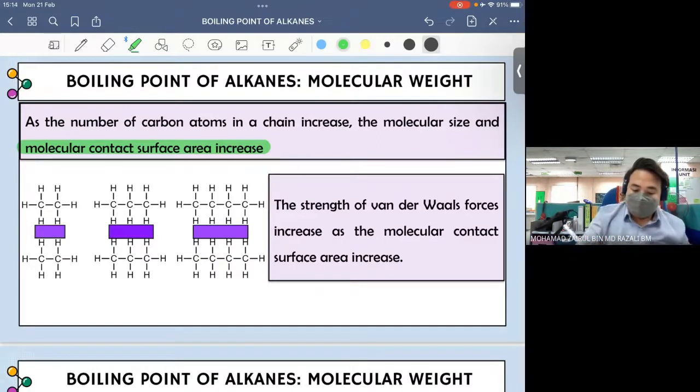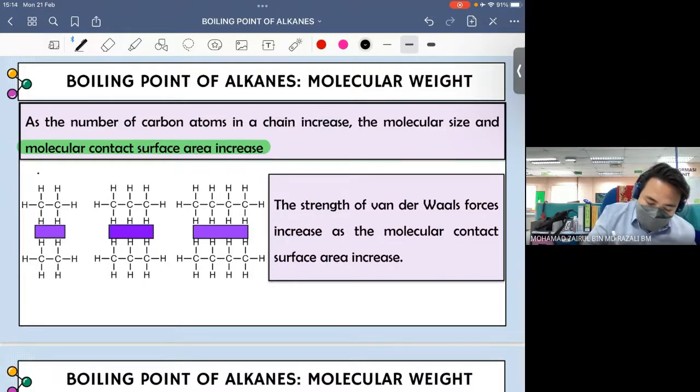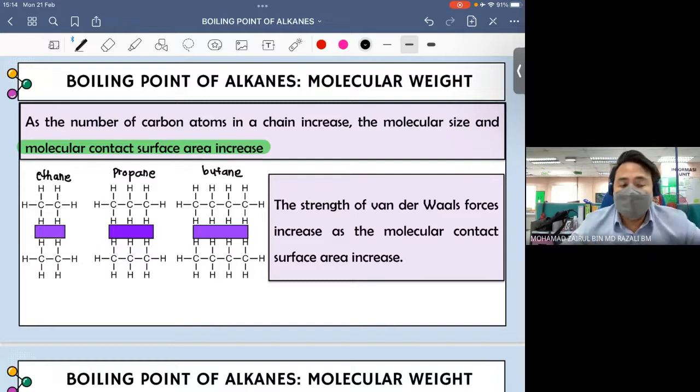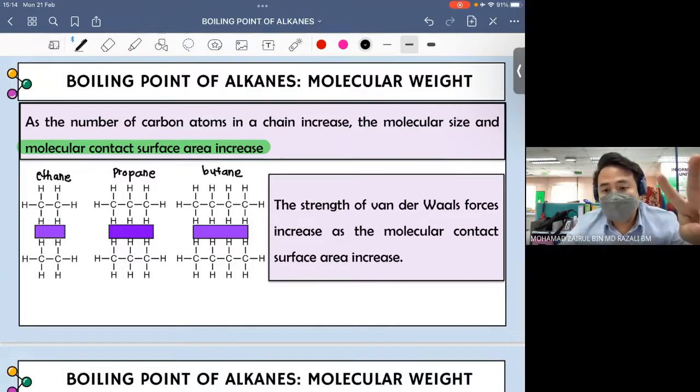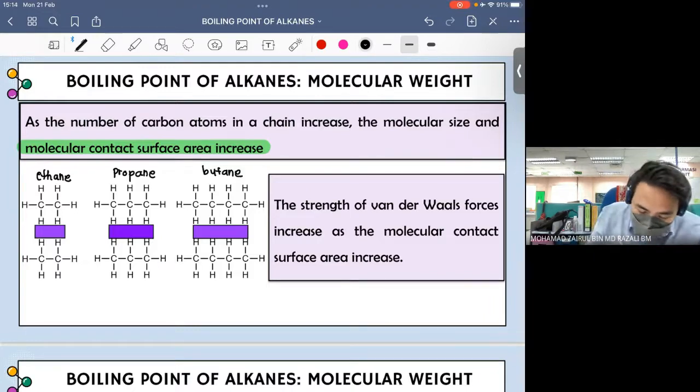So let's say I have ethane molecule, this one propane, and this one butane. Ethane is an alkane with 2 carbon. If they are located near each other, you can see the molecular contact surface area is only this much.